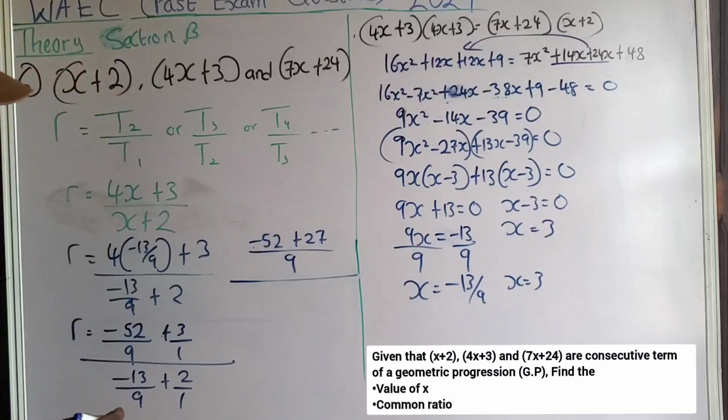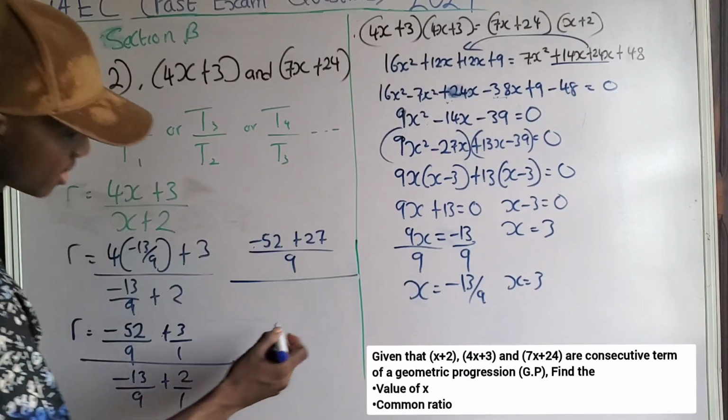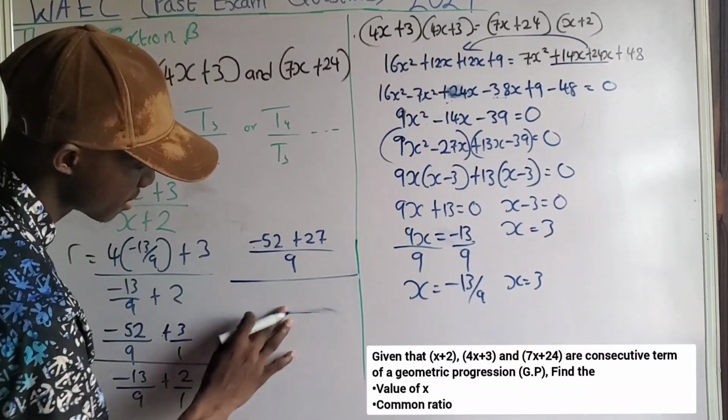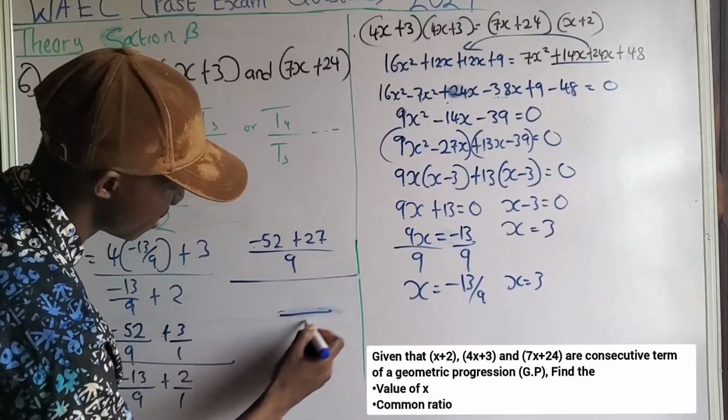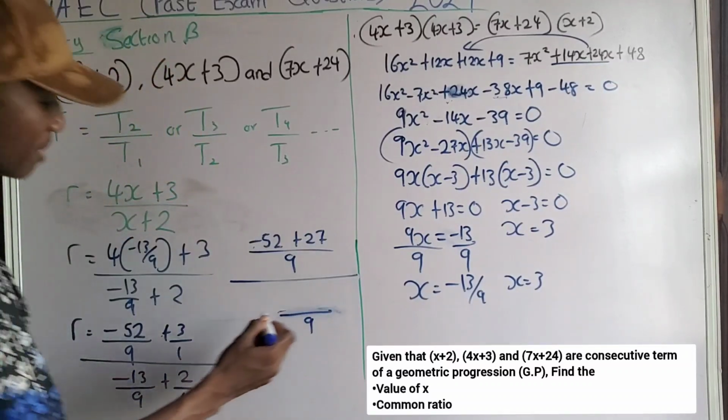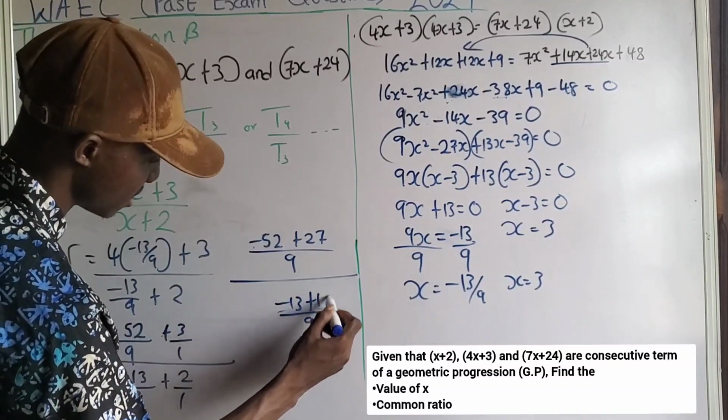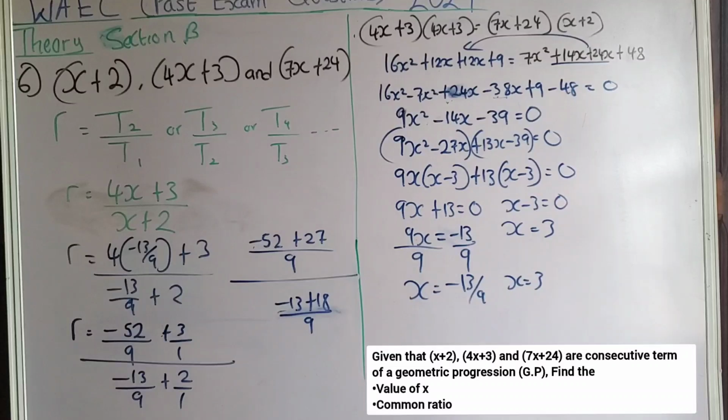And the biggest division sign here. What's the LCM of this and this? That is 9. Okay? That is minus 13 plus 18. Do you understand? I just take the LCM and then I simplify. Now, when you get to this point, you can rearrange the equation by changing the division sign to a multiplication sign.